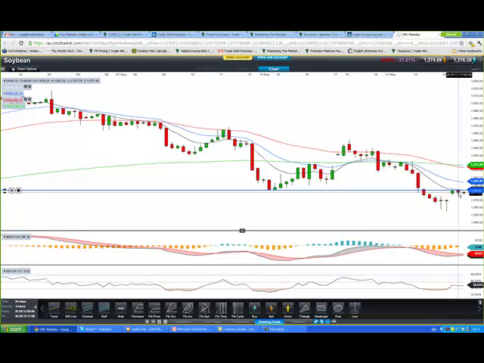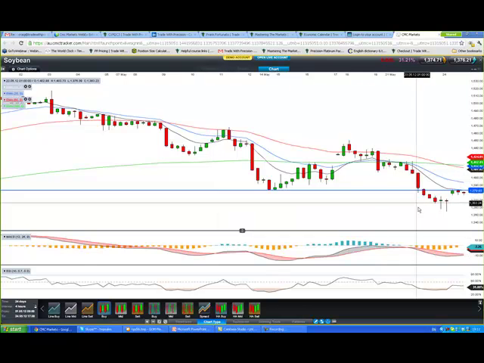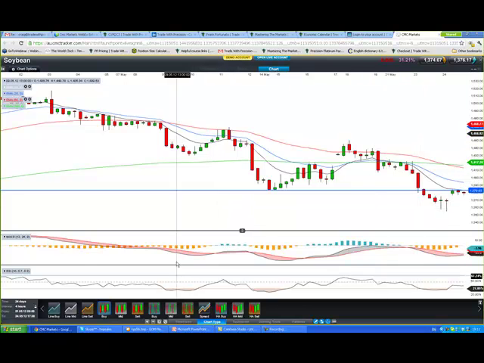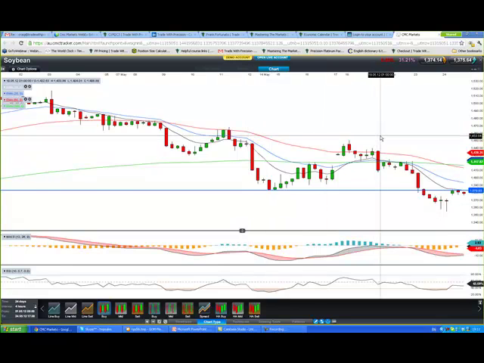The low is actually, let me just go back to chart type because I forgot another great feature here. There's two options. When you're placing a trade, you either look at the spread, the difference between where you can buy it and where you can sell it, and then you add that to your stop loss. Or an even easier way is to go to here.